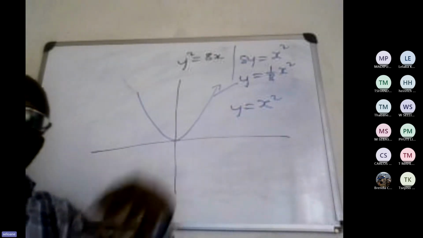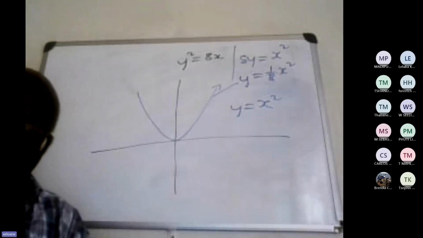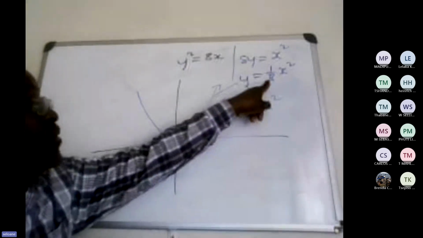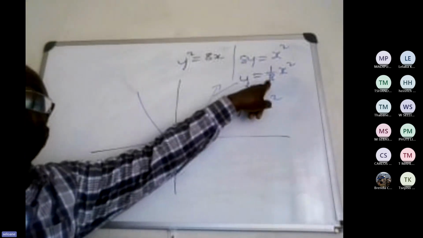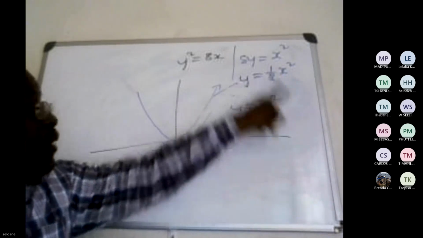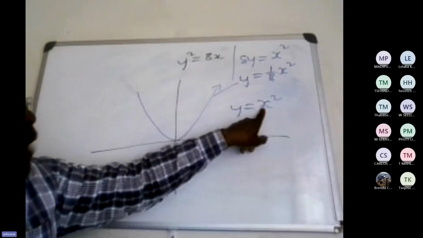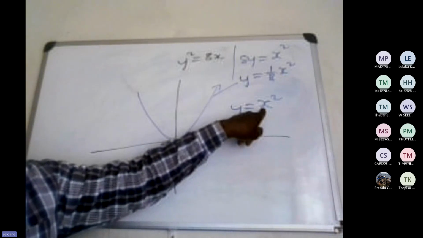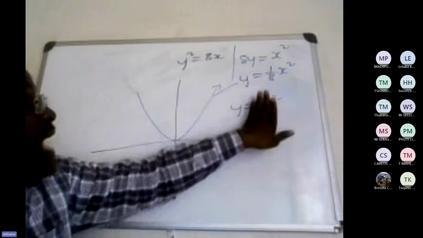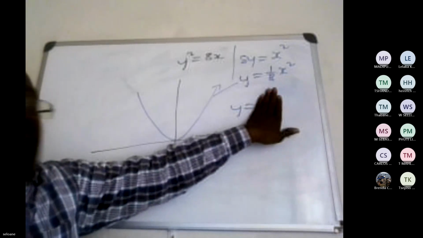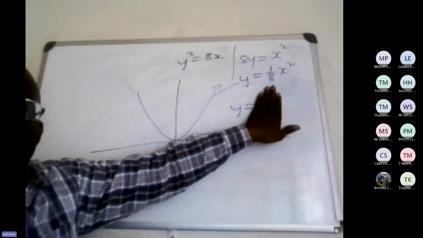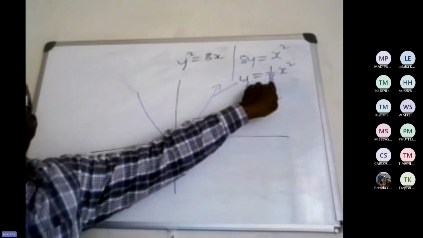If they're drawn on the same axes, then this one is going to be compressed vertically, because the y values of this one will increase more slowly than this one. You are going to take this and multiply it by 1 over 8, meaning you are going to take y here and divide it by 8.